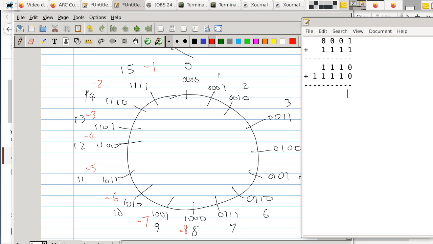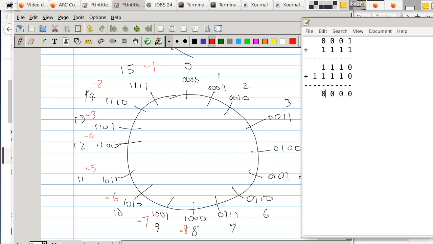Now we can look at the sum row. 0 plus 0 is a 0. 1 plus 1 is a 0, 1 plus 1 is a 0, 1 plus 1 is a 0. When I say 1 plus 1 is a 0, I mean the result of 1 plus 1 is a 0, not counting the carry. The carry is an entirely different thing in the way that we represent addition.